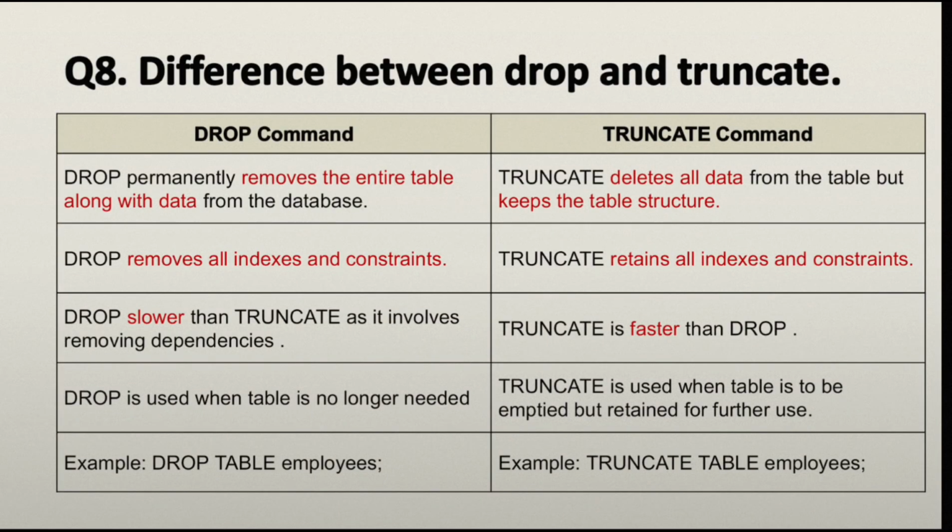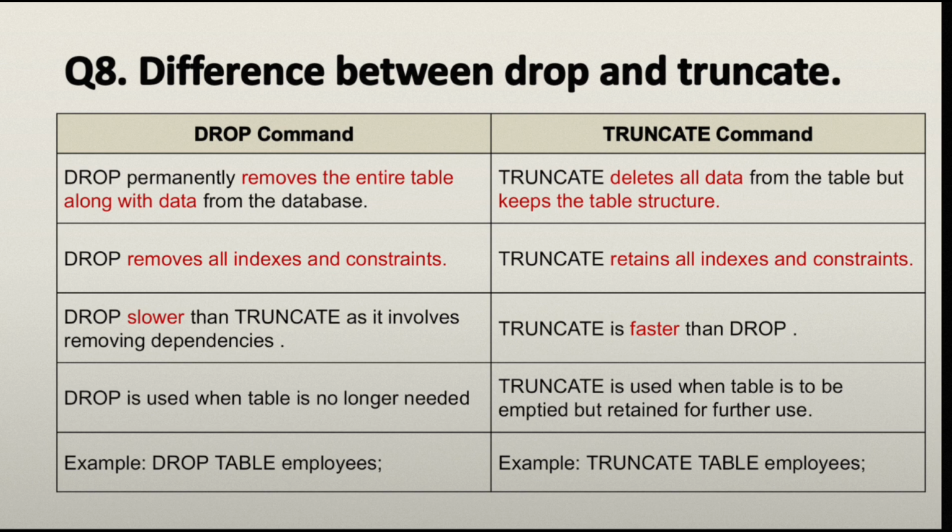The next difference which we have is the difference between drop and truncate. The drop command permanently removes the entire table along with the data from the database, while the truncate command deletes all the data from the database, but it keeps the table structure. Drop removes all the indexes and constraints, while truncate retains all indexes and constraints.